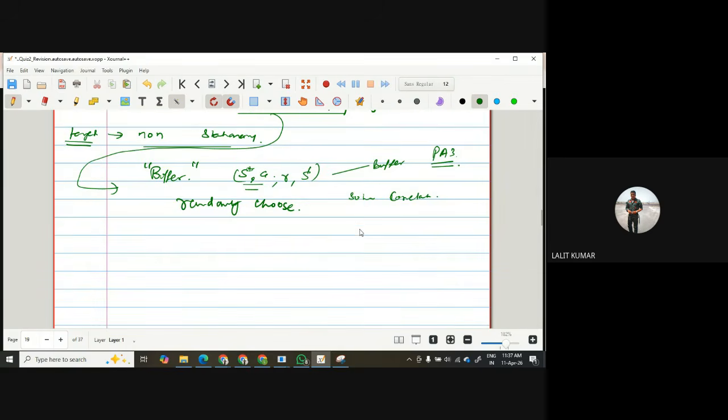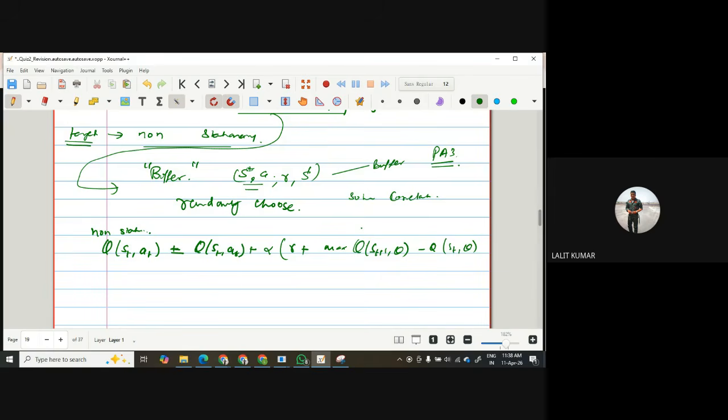Second, for the non-stationary target, what do we do? The formula is the same: Q(S_t, A_t) plus alpha into R plus max over Q(S_t+1, theta) minus Q(S_t, A_t), and this is also coming from theta.